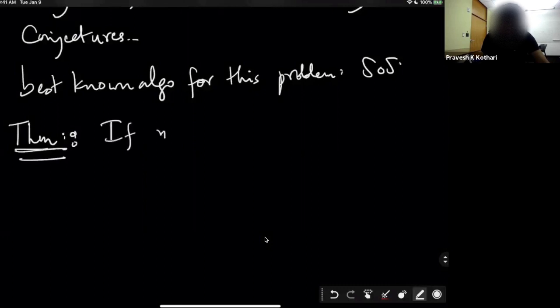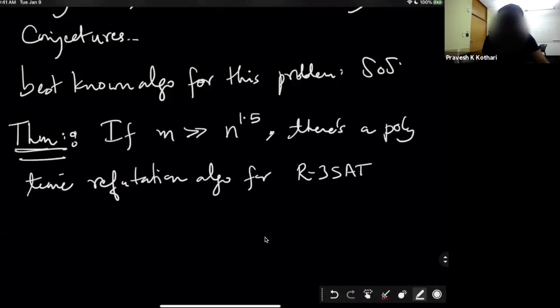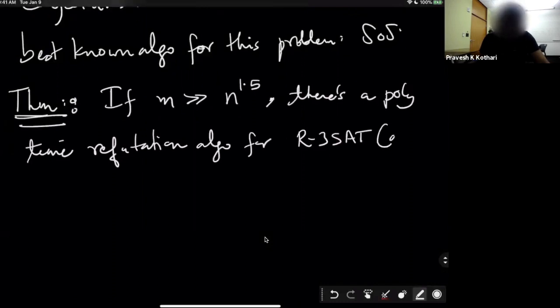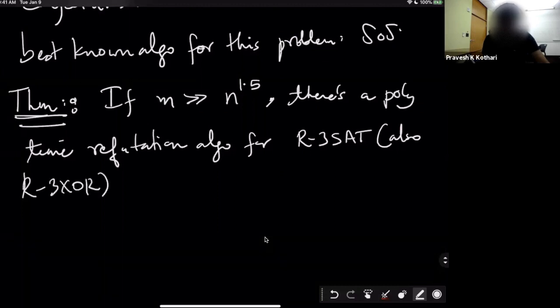If m is bigger than n to the 1.5, and in fact, this algorithm simply uses degree 4 sum of squares.